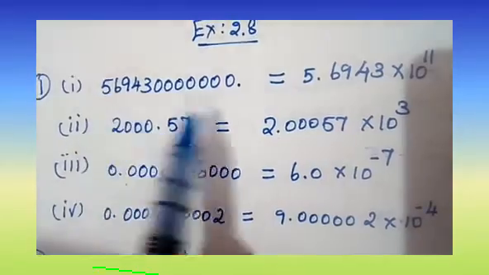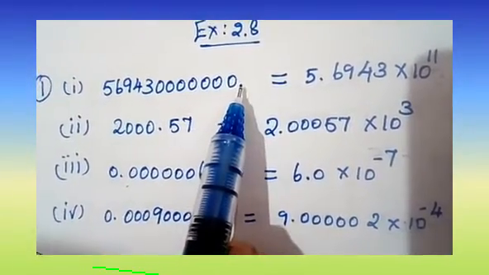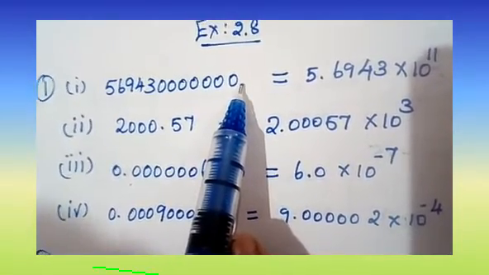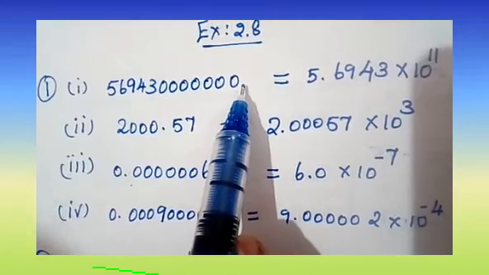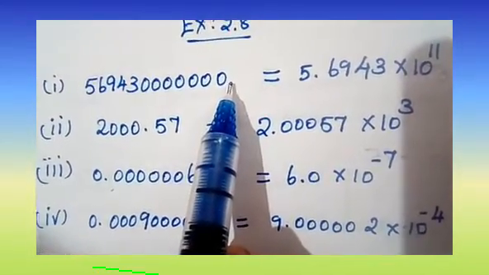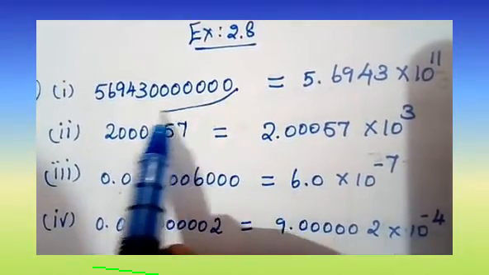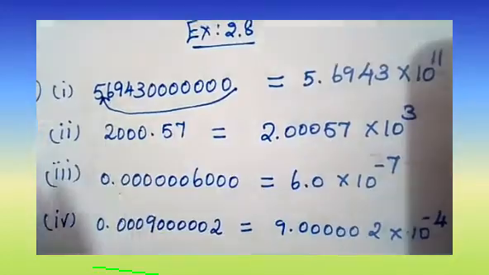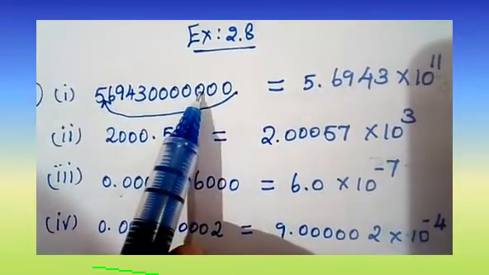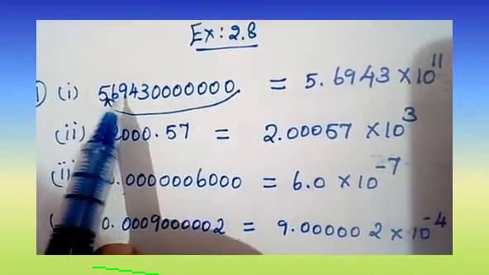For the first problem, the decimal point is not given, so we consider it to be at the end. In scientific notation we need only one integral digit, so the decimal has to move here. How many steps do I have to move? Count the number of digits: 1, 2, 3, 4, 5, 6, 7, 8, 9, 10, 11.